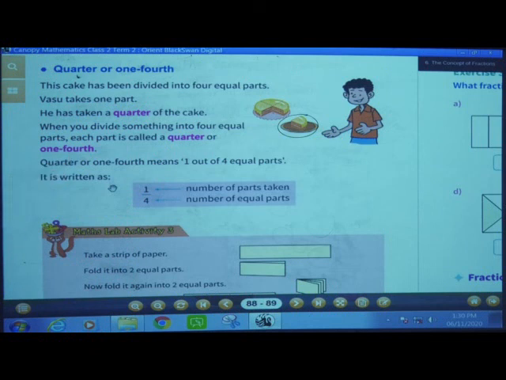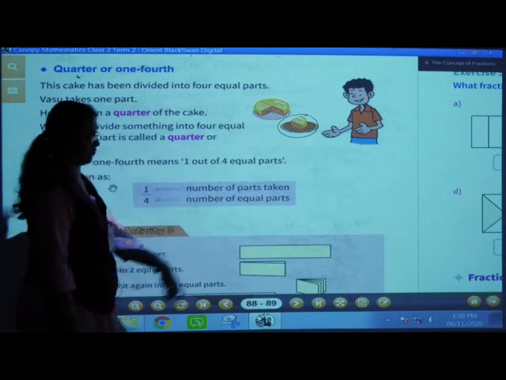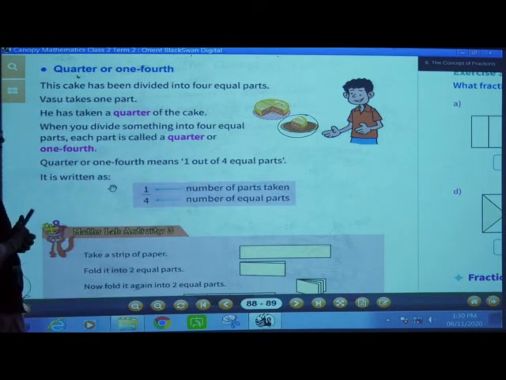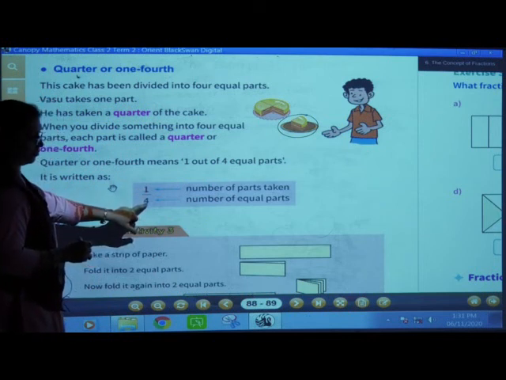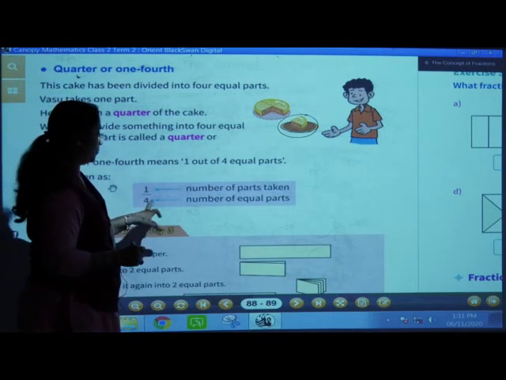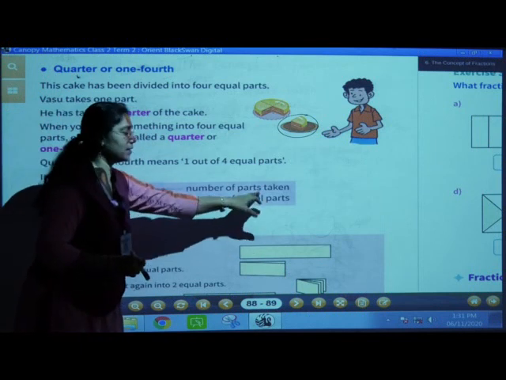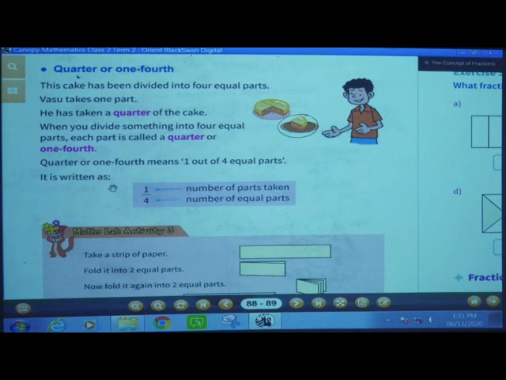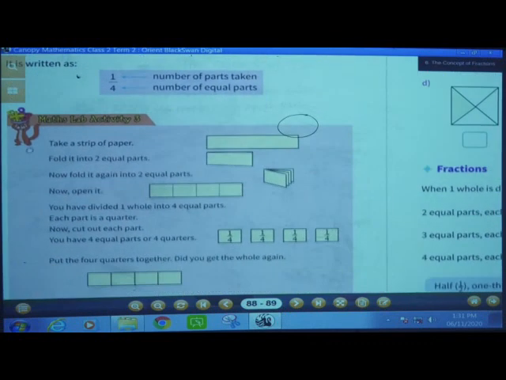Quarter or 1/4 means 1 out of 4 equal parts, and we can write it as 1 by 4, downside 4 and upside 1. This 4 means number of equal parts and 1 means number of parts taken. See here one more activity.